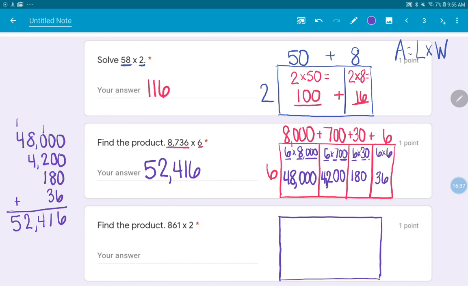Is 861 or is 2 the smaller side? 2, definitely. So we're going to put 2 here. And this will be 800 plus 60 plus 1.